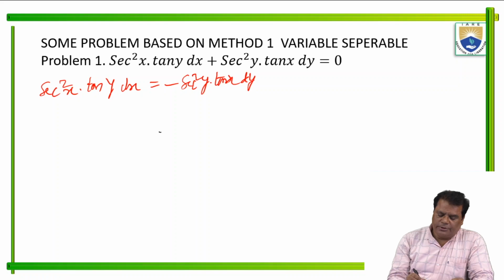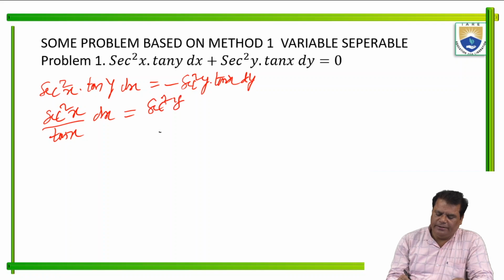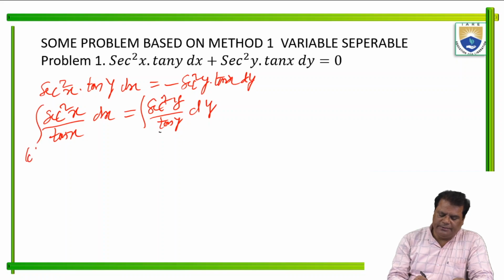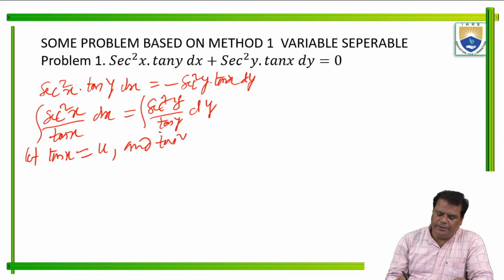Now cross multiplying, sec square x upon tan x dx equal to minus sec square y upon tan y dy. Integrating on both sides, let tan x equal to u and tan y equal to v.